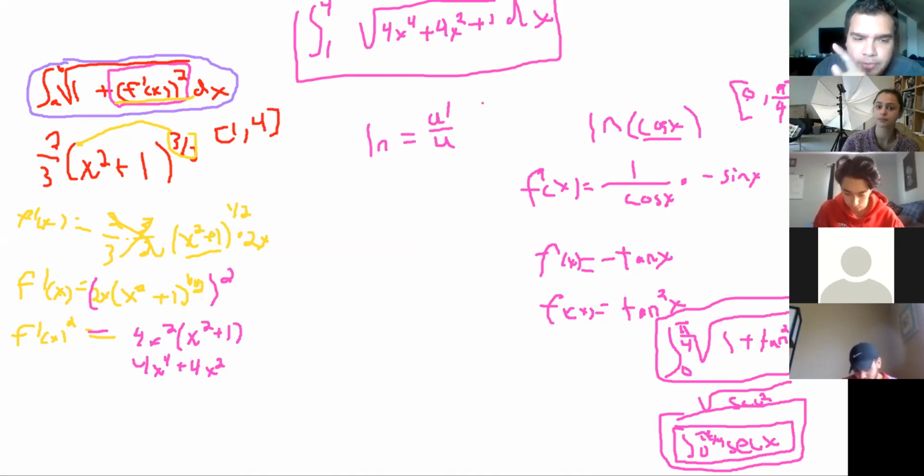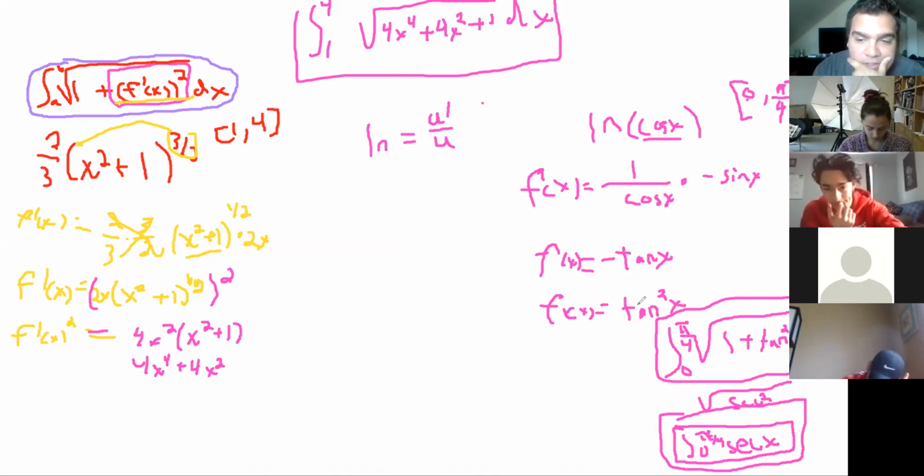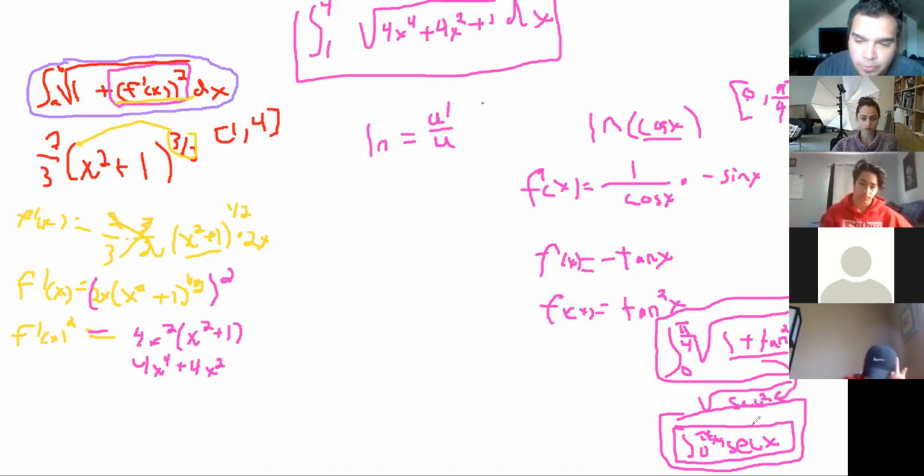But remember, though, the secant squared x disappeared. So you're literally just integrating secant x. You don't need secant squared x. Why does it disappear? Because this trig identity becomes secant squared x, and then the square root of a squared is just itself. So it's just secant x. It shouldn't be secant squared x.